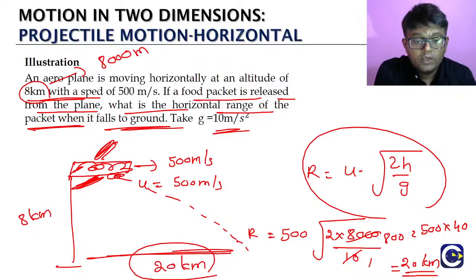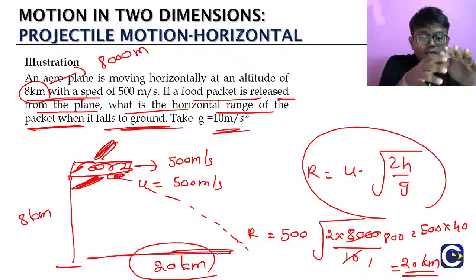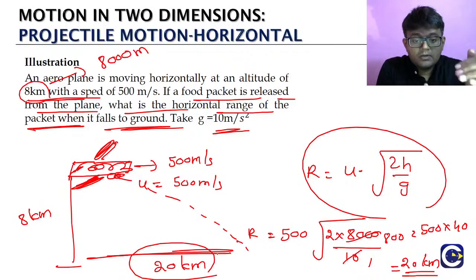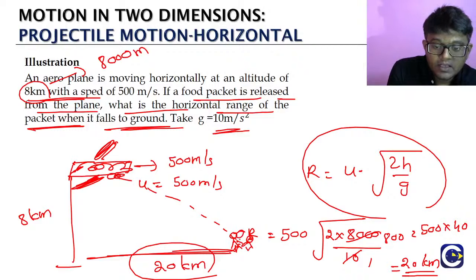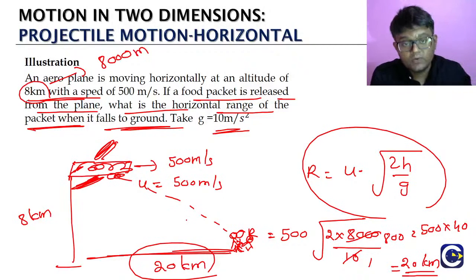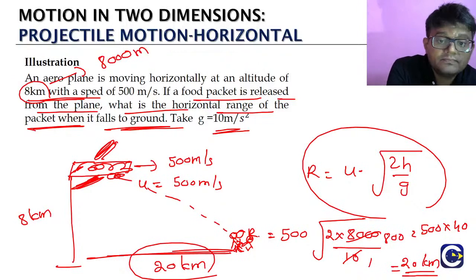If your aeroplane is going at a very high speed, you have to observe a group of people standing here from a 20 kilometer distance, and then you release the packet. Then the packet will travel the path and reach these people.